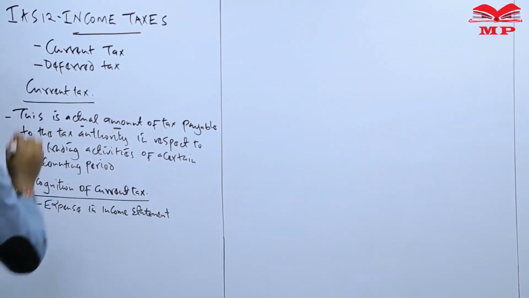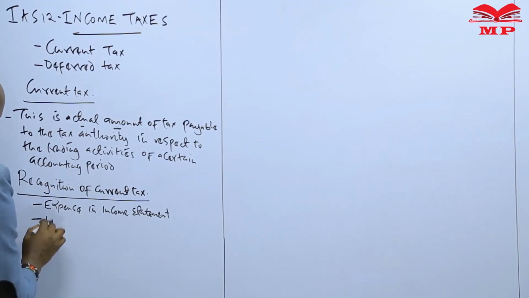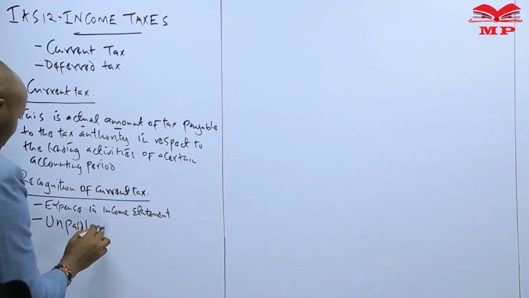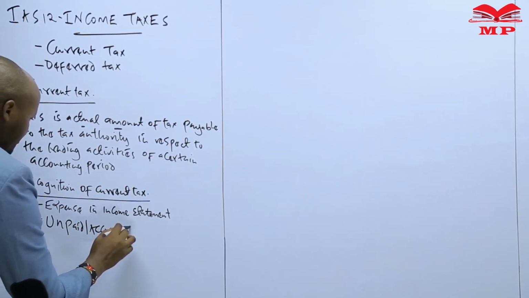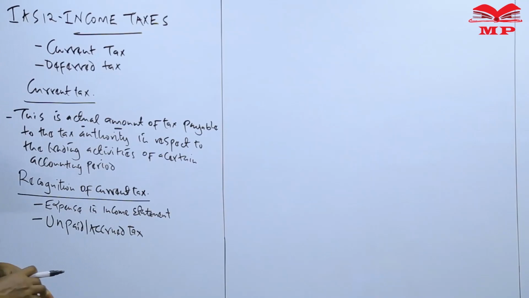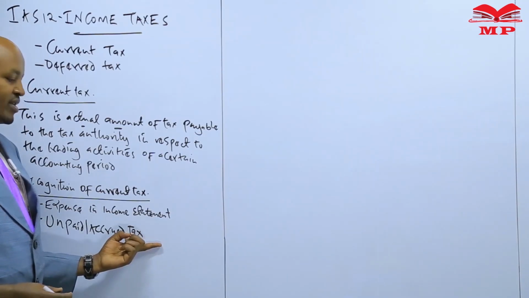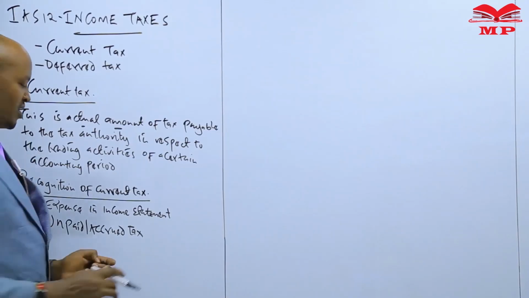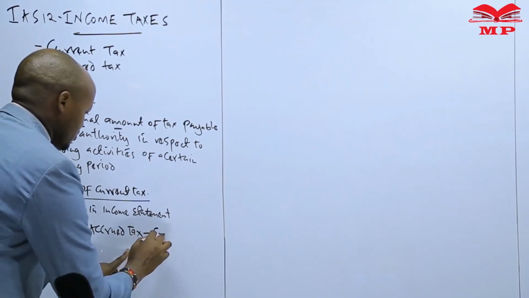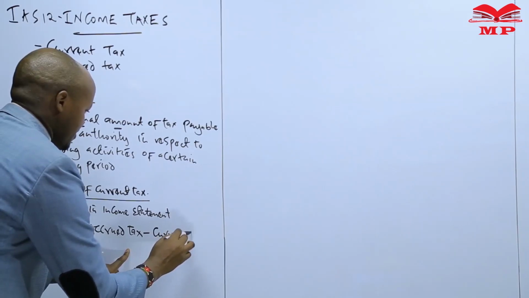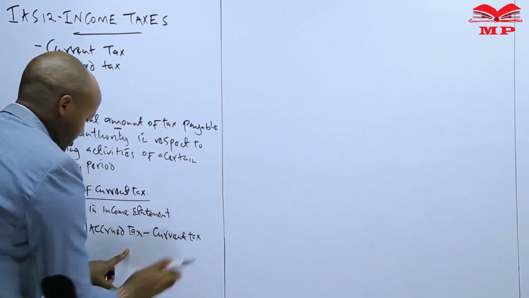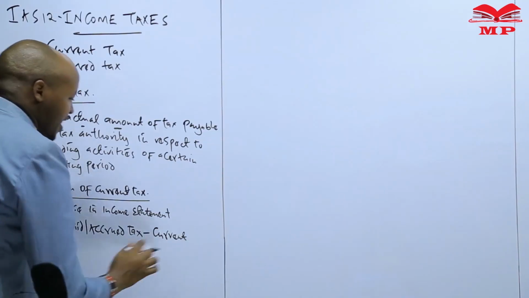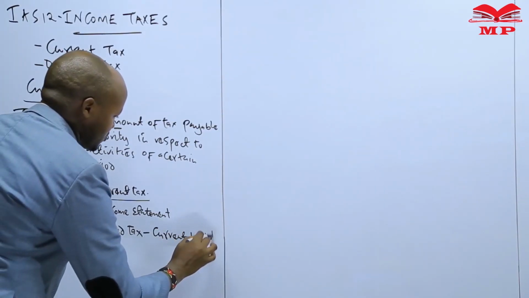Also, according to IAS 12, if we have any unpaid tax, or what we refer to as accrued tax, this is basically the tax which the company has not paid at the end of a certain accounting period. This tax which has not been paid, according to IAS 12, should be accounted for by the reporting entity as a current liability.